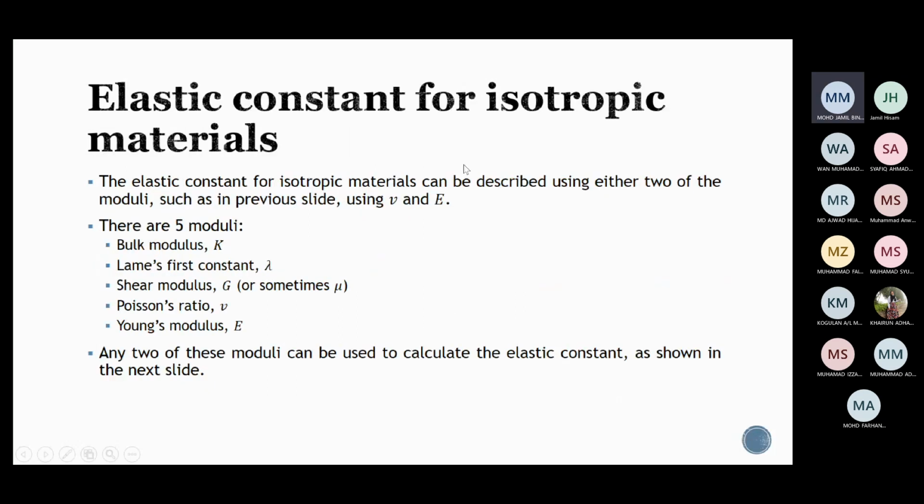The elastic constant for isotropic material can be described using any two of the moduli, such as in the previous slide, where we use Poisson ratio and Young's modulus.